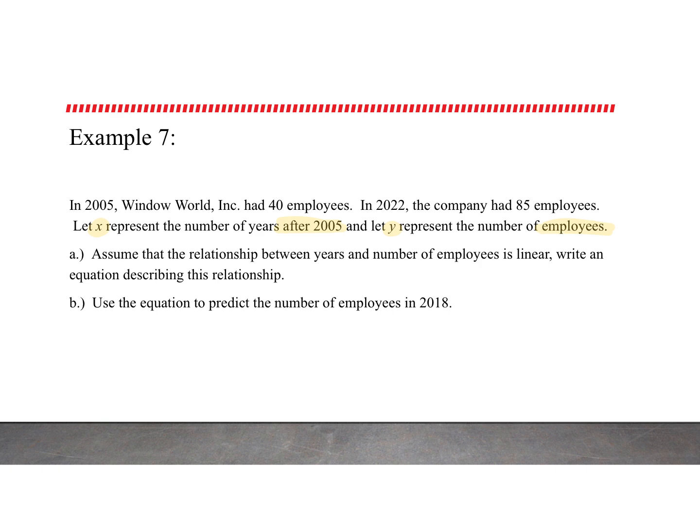The first set I have is 2005, which would be 0 years after 2005. We had 40 employees. And then in 2022, let's see, that's 17 years after 2005. I subtracted them, 2022 minus 2005. We had 85 employees.